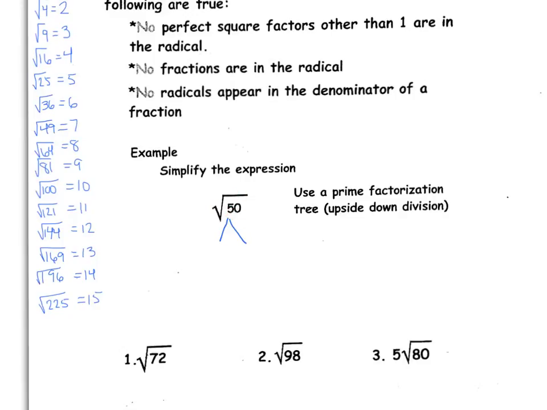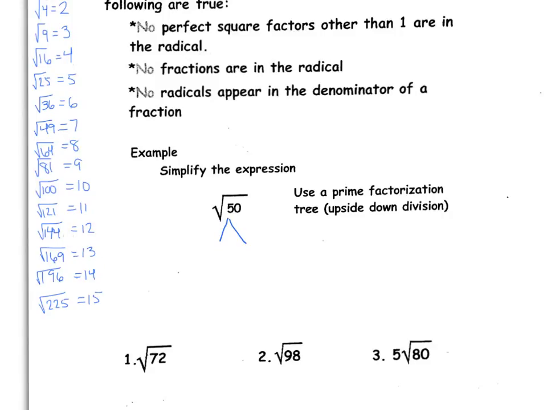Now, there's a trick. You don't just need to start checking, does this go into it, does this go into it, one by one. No, you don't need to do that. What you're going to do is take the number inside the radical and cut it in half. If I cut 50 in half, that's 25.